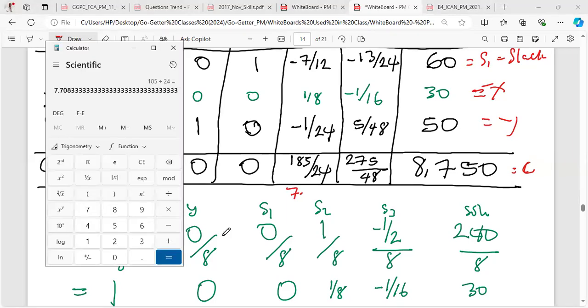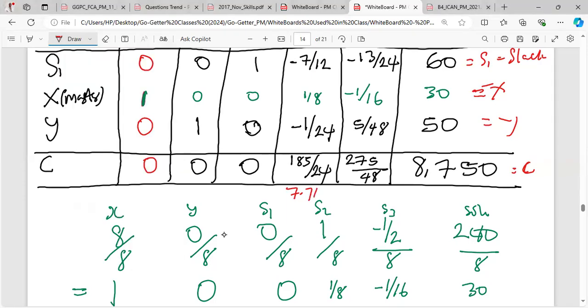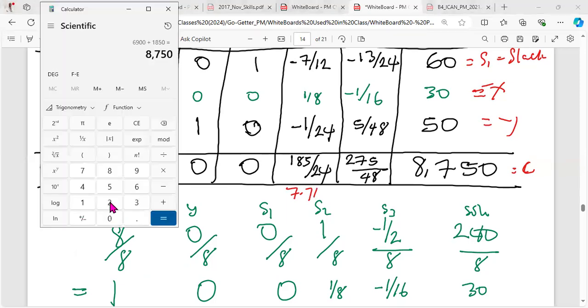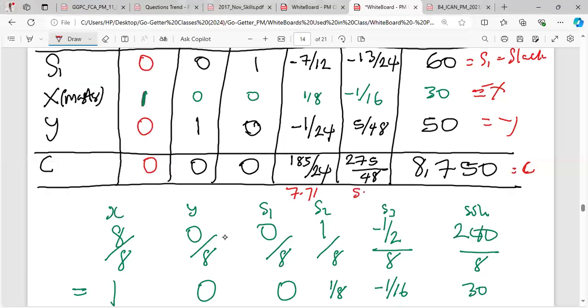Then can we do 275 divided by 48? We have 5.73. Can you remember where we saw this figure?